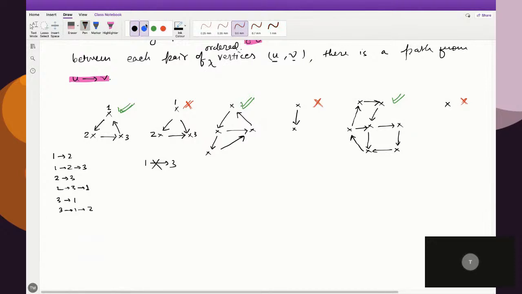Let me try to find a cycle here. Yes, I think one example could be, if this is the case.